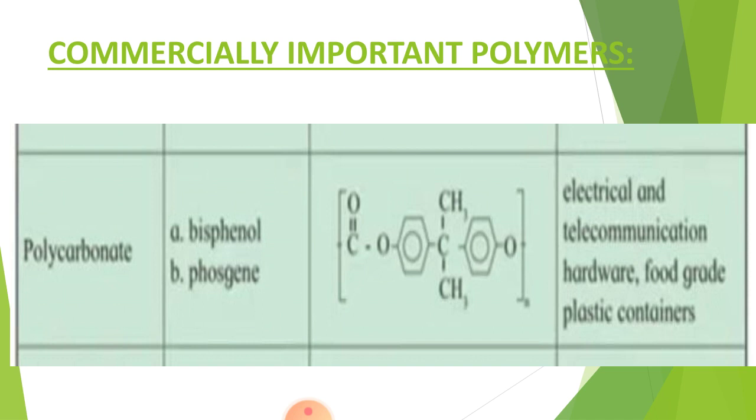The next one is your Buna N. Its monomers are butadiene and acrylonitrile. It has been applied in the field of adhesives, rubber bands, soles, O-rings, gaskets. Next one is your PVC, polyvinyl chloride. Its monomer is vinyl chloride. It has been used in the preparation of water pipes, raincoats, flooring.